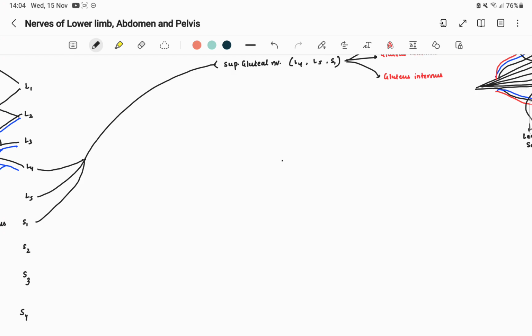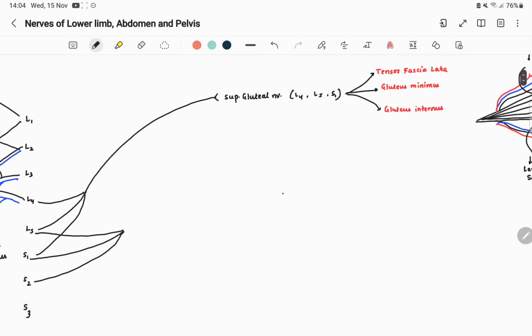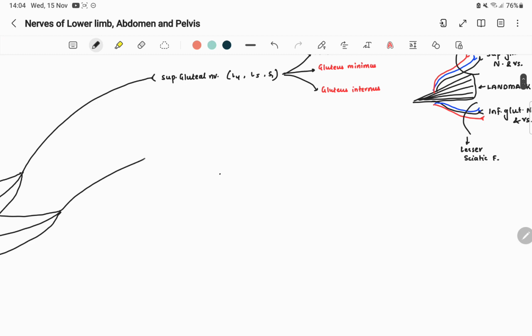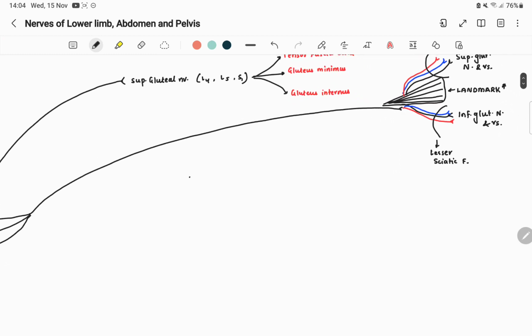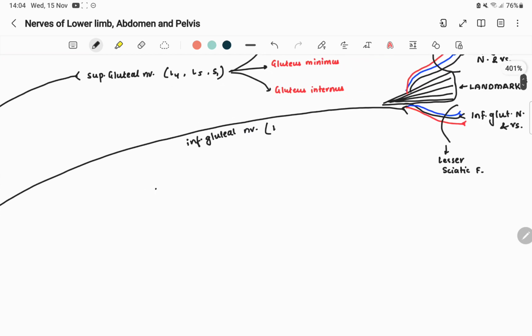So after the superior gluteal nerve, let's discuss the inferior gluteal nerve, which arises from L5, S1 and S2. This is your inferior gluteal nerve, arising from your L5, S1 and S2.